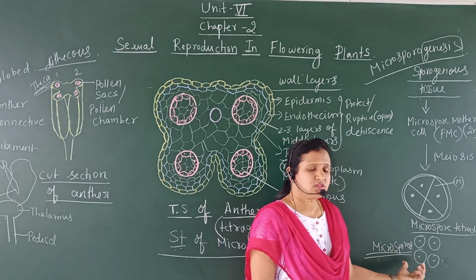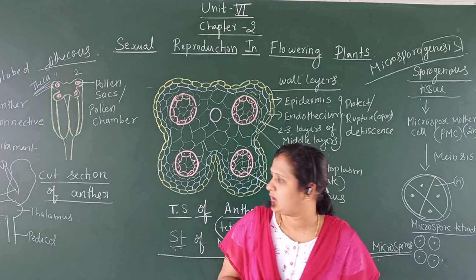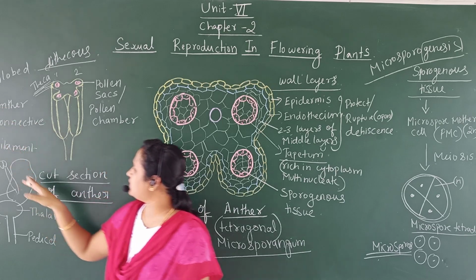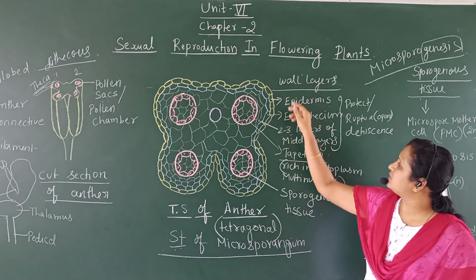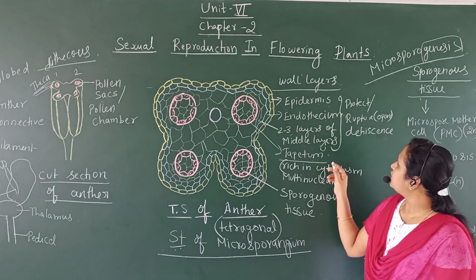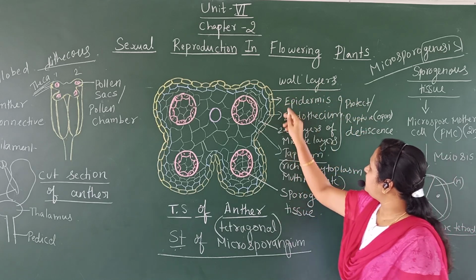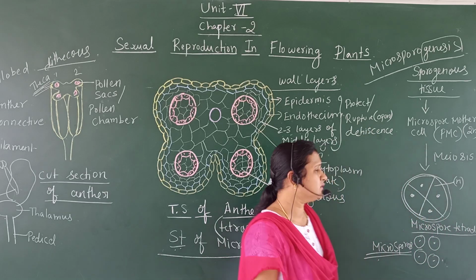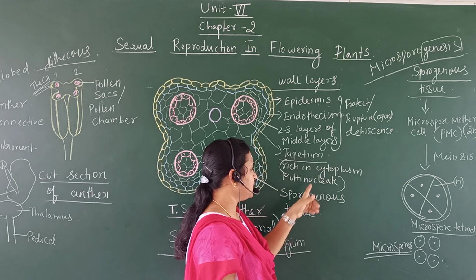So in this way, from the anther, microspores are formed. This is a stamen with the filament, connective and the anther, and the detailed structure of the anther with the wall layers: epidermis, endothecium, middle layers and tapetum. The epidermis, endothecium and middle layers protect and help rupture the anther, and the tapetum nourishes the pollen grains.